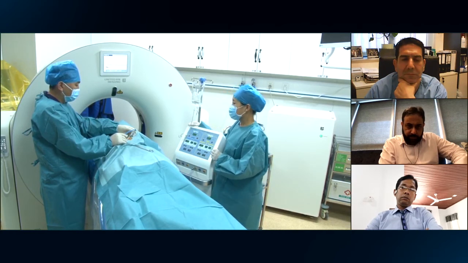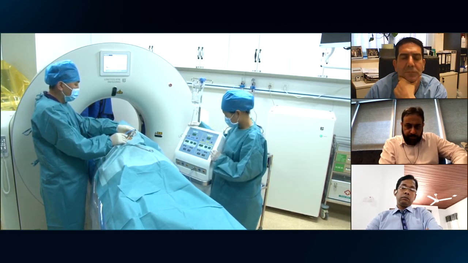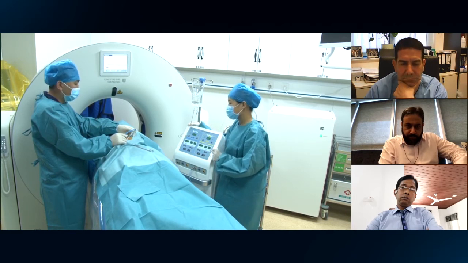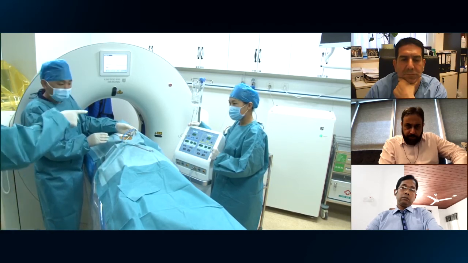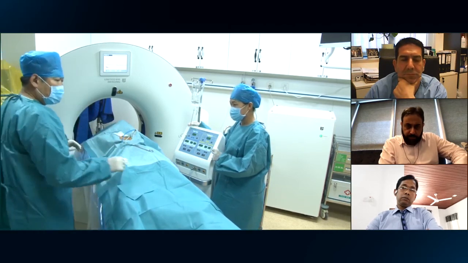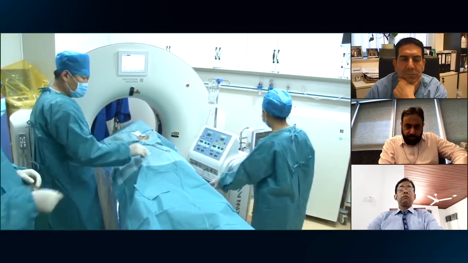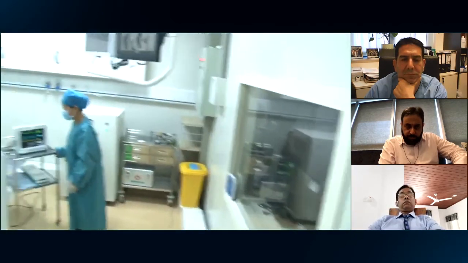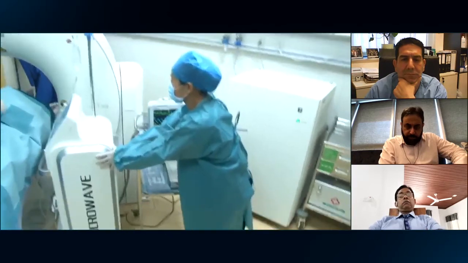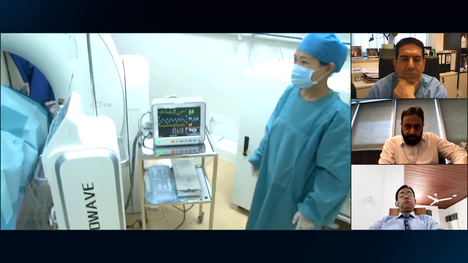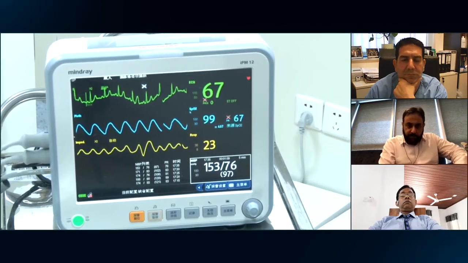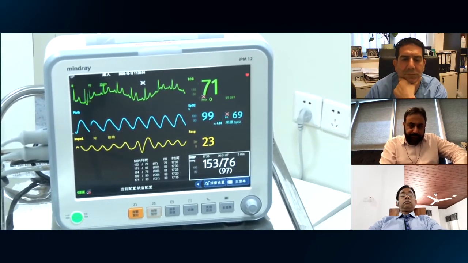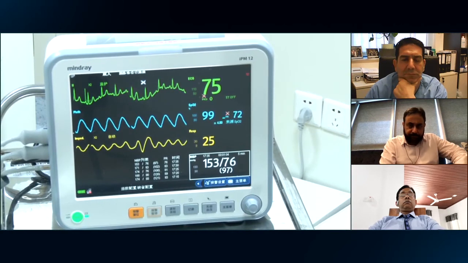We call this real-time CT monitor for the microwave ablation. So we advise to take CT images during the procedure to monitor the radiology image.